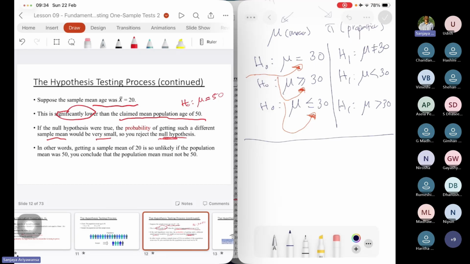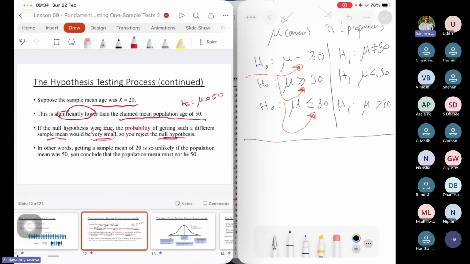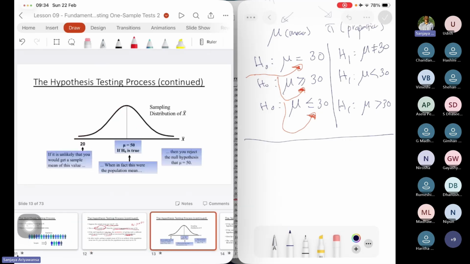But there's a problem. How do we say it's very small? How do we reject it? That's the key thing, because visually, what we are saying is this. We are claiming that the population mean is 50. So that is H naught. However, when we take a sample and look at it, the sample gives an average age of 20.